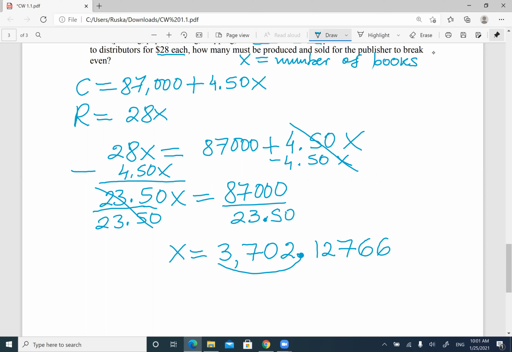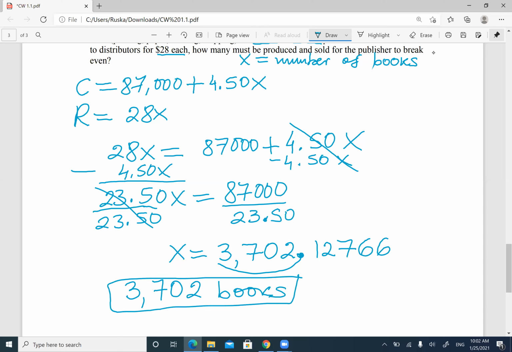So my answer is, if I want to break even, if I want to get back whatever I invest in these books, I need to produce 3,702 books. And that's my answer. Any questions? Everybody good? Okay, so that's what we have.